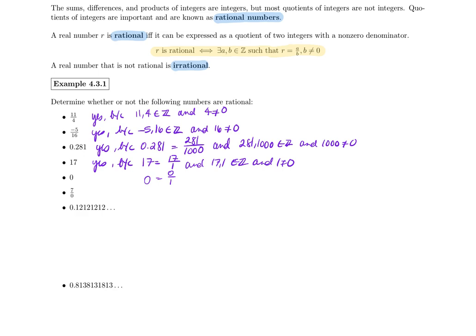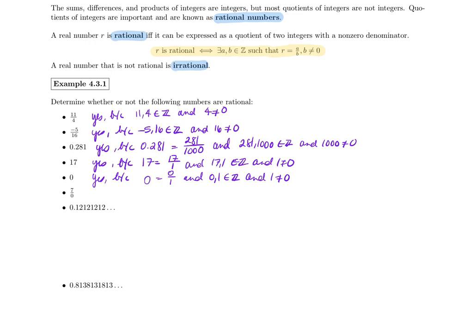Are 0 and 1 both integers? Yes. Is 1 not 0? Also yes. So yes, 0 is rational because 0 can be rewritten as 0 over 1, and 0 and 1 are integers, and 1 is not equal to 0.